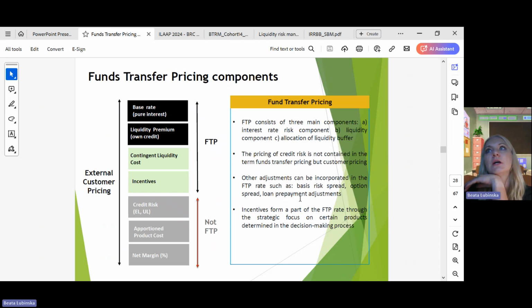And if we have to pay more in comparison to a high street bank, then of course the spread component of the funding, the spread component of the FTP rate, will be higher.